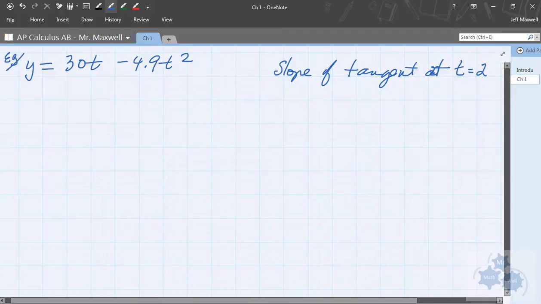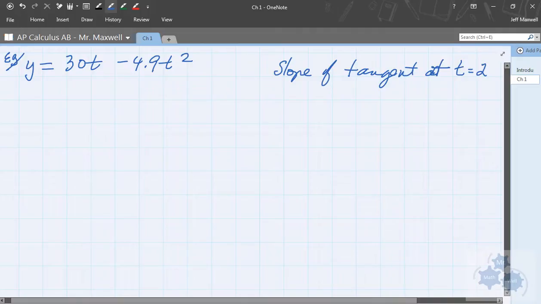Remember your formula. Here's the equation. It's actually, the f of x here, it's f of t, but that's okay. Because what's happening here, this is like a ball that's thrown into the air, and it makes this sort of parabolic function. And this t is time, okay? So f of x, f of t is the same thing.